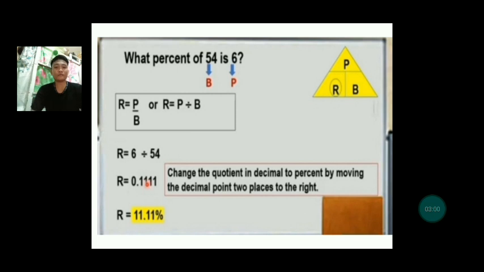The answer is 0.1111. Change the quotient from decimal to percent by moving the decimal point 2 places to the right. Count 1, 2. The answer is the rate, 11.11%.